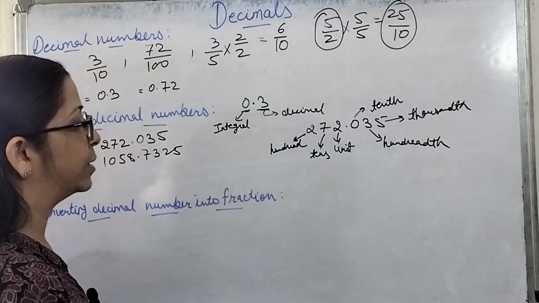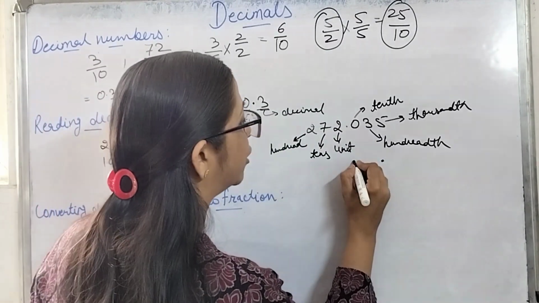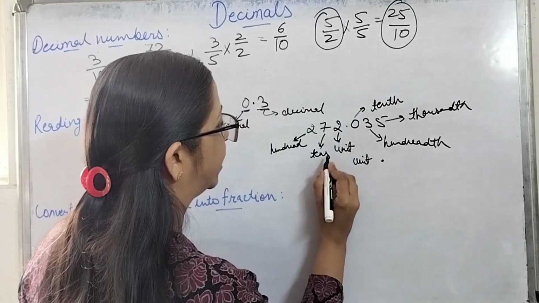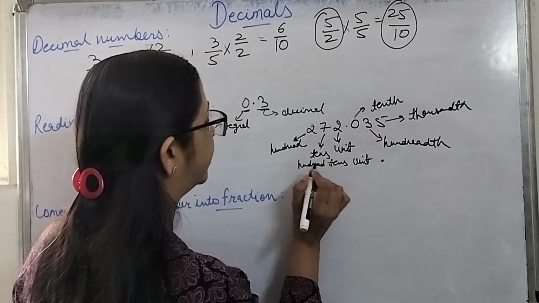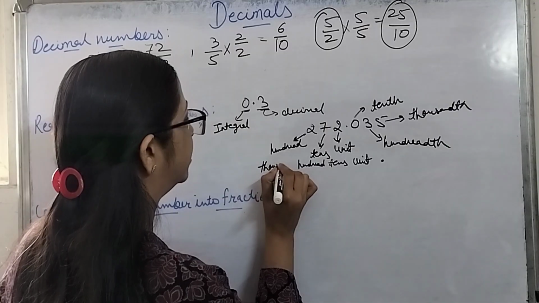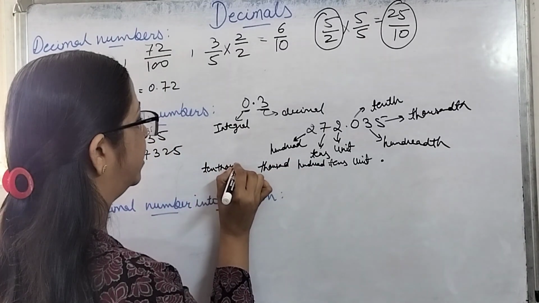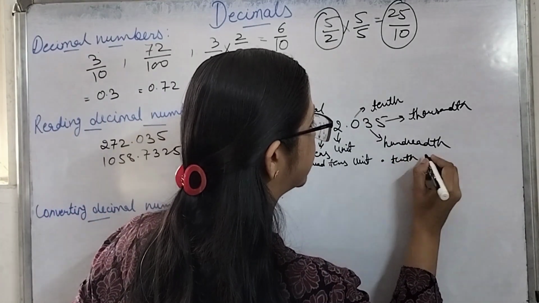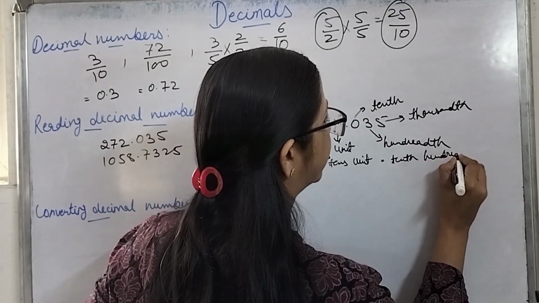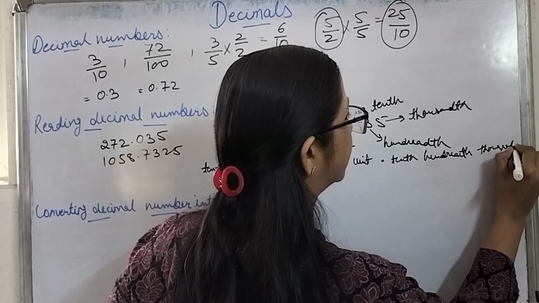So if we make the place value chart, in the center is your decimal, then your units place, then your tens place, then your hundreds place, then your thousands, then your 10,000s. These are the place values. After the decimal, it is your tenths place, hundredths place, thousandths place.